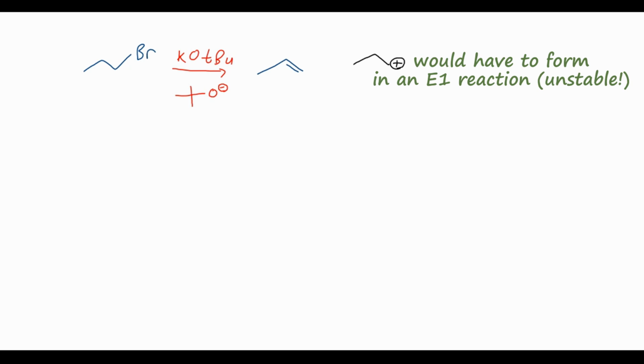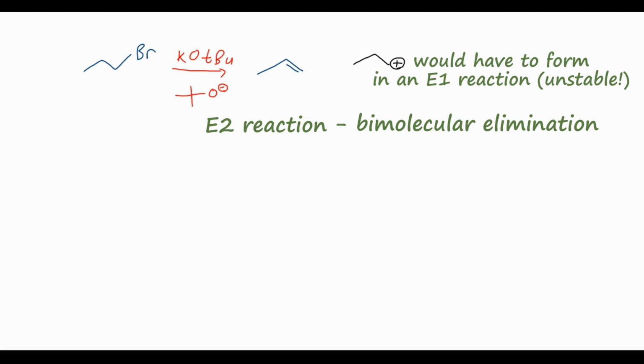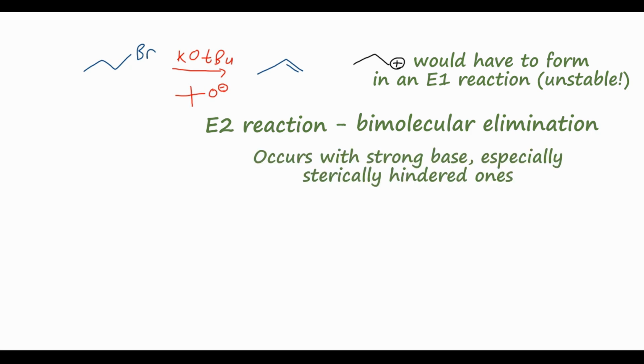So what we find out is that this is actually an E2 mechanism, which stands for bimolecular elimination rather than unimolecular elimination like E1. And bimolecular eliminations occur quite commonly with strong bases and especially sterically hindered bases. So bases such as the tert-butoxide anion, where it has that O-, so it's pretty strongly basic, and it also is very sterically hindered with all of those methyl groups.